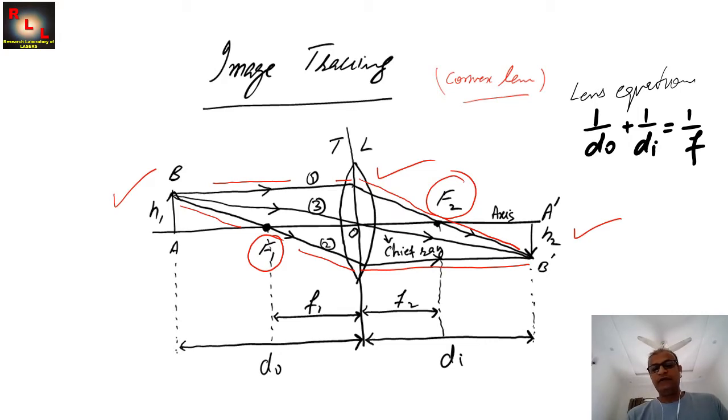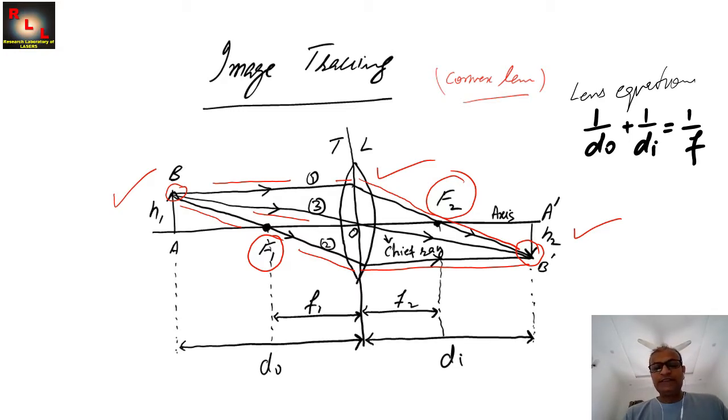And the third ray, the chief ray, passes straight through, and all three rays intersect each other at the point B prime, where the image is formed.